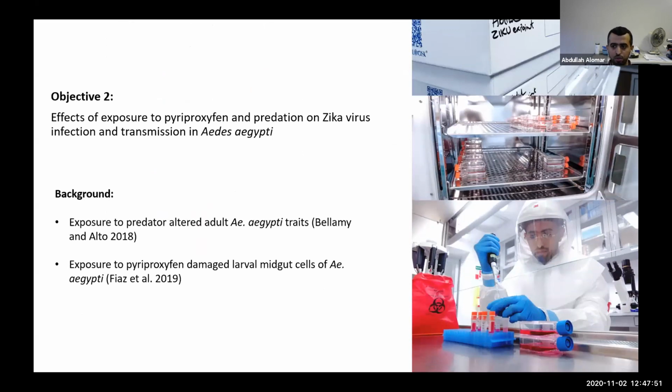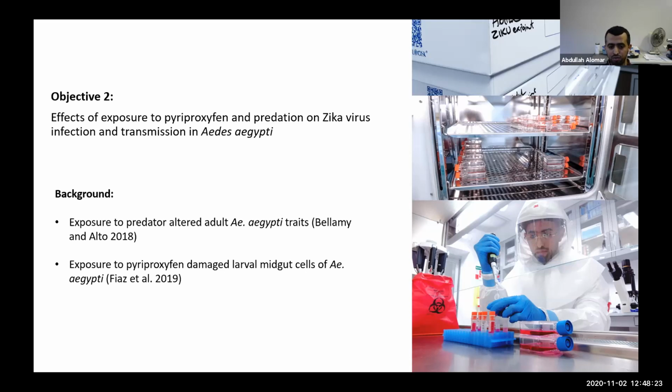Another experiment that I have conducted during my PhD was to determine the effect of exposure to pyriproxyfen and predation on Zika virus infection and transmission in Aedes aegypti. As I mentioned earlier, larval exposure to predators can alter the traits of adult mosquitoes, and exposure to pyriproxyfen has been found to damage larval midgut cells.